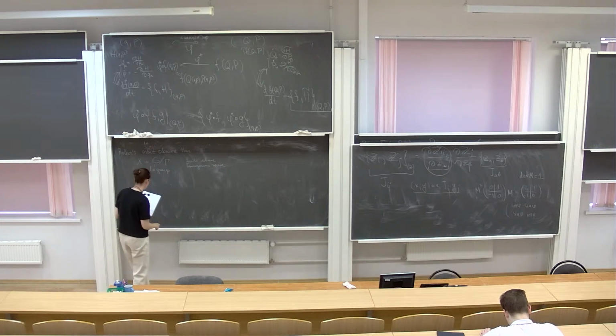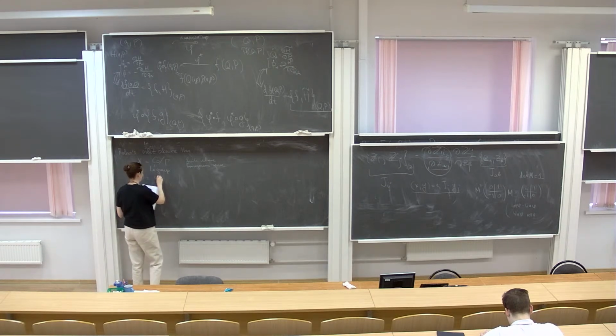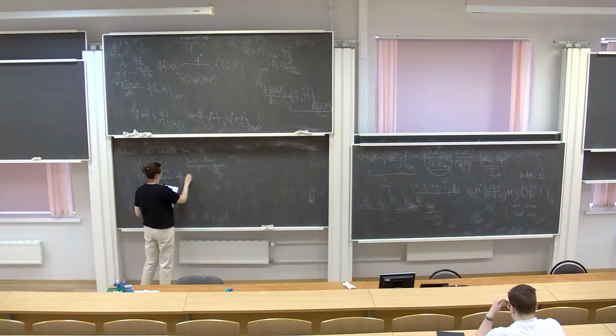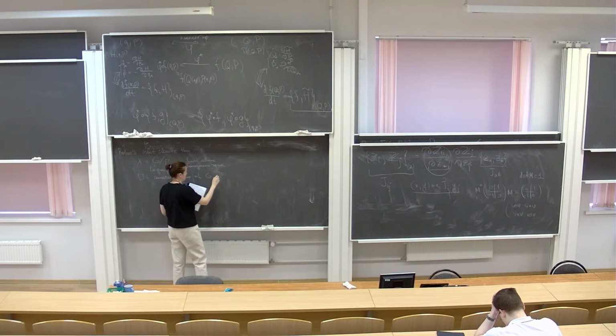And we took a connected subgroup U of our Lie group G, generated by unipotent elements.